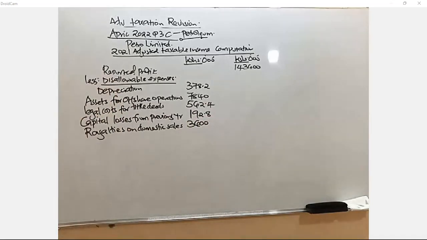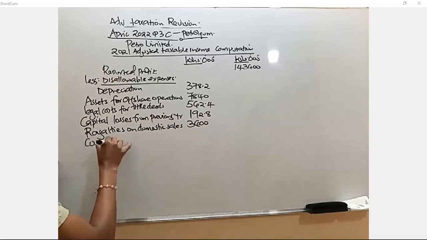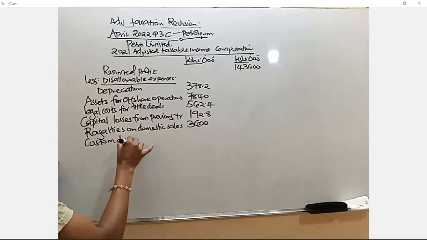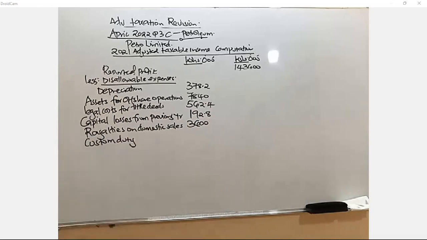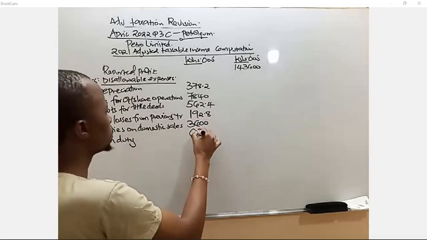We have things like the royalties on export sales, allowable. We have non-productive rents, right? Non-productive rent is an allowable expense. We have the custom duty, and you know why I'm adding it back, amounted to 672.3.